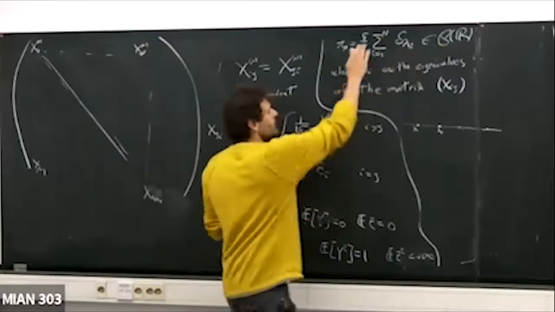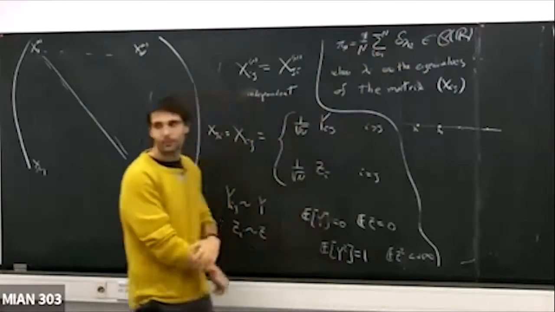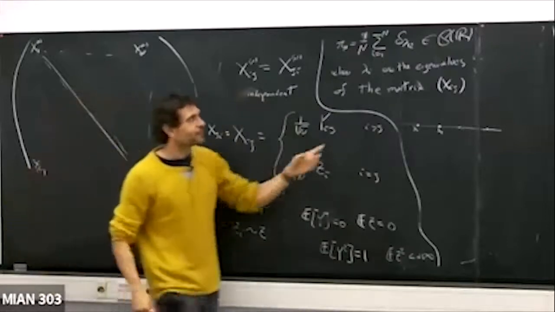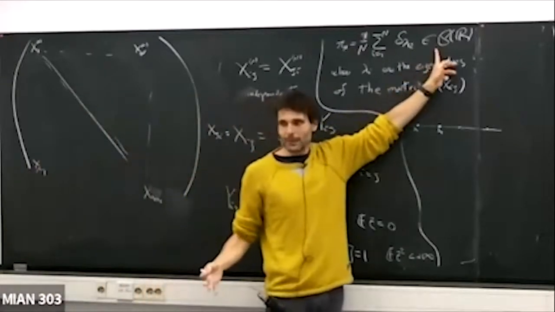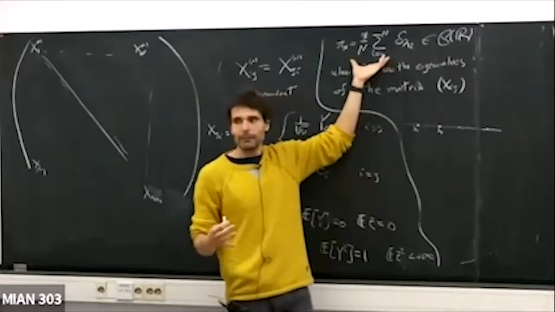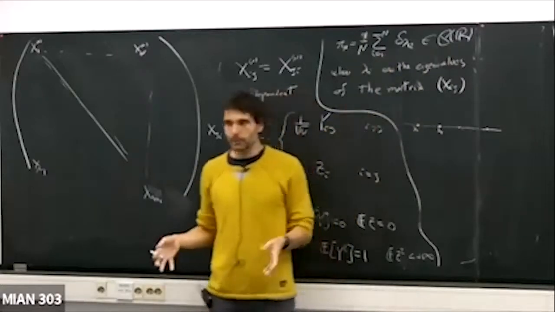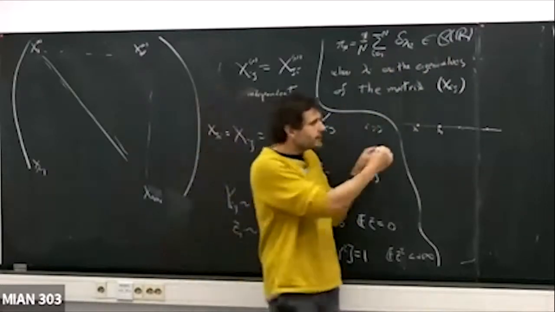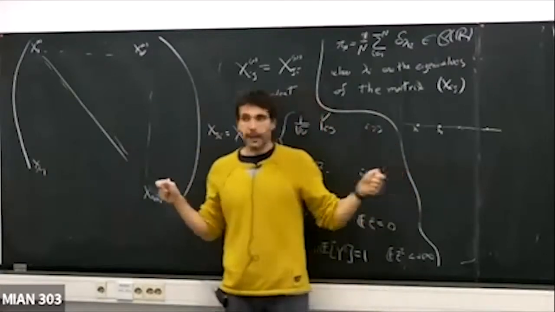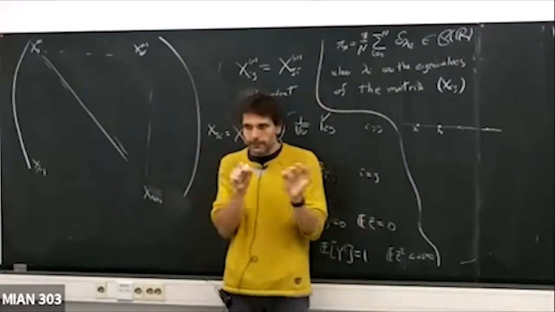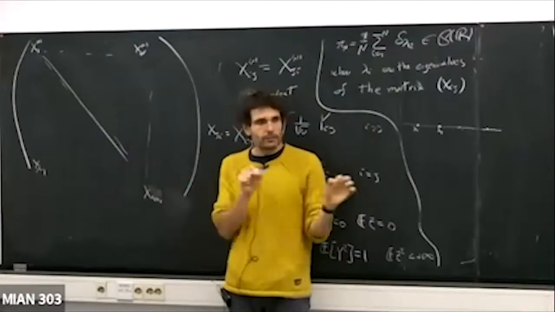Just by convention one puts 1 over n, but don't get confused that this probability is associated to randomness. This is a probability measure, but it's just the object we look at. It's just a distribution of weight on the real line. You have n small weights, each on the position of each eigenvalue.